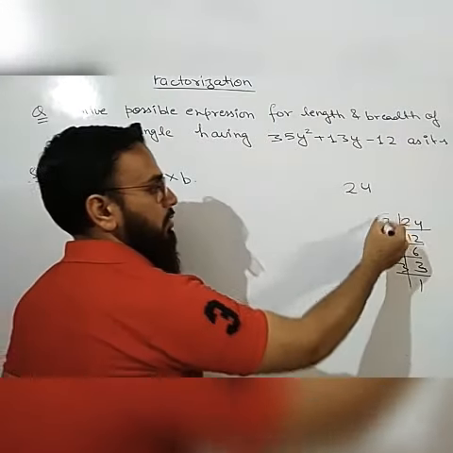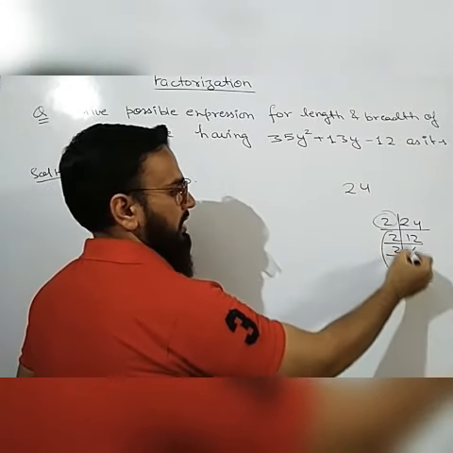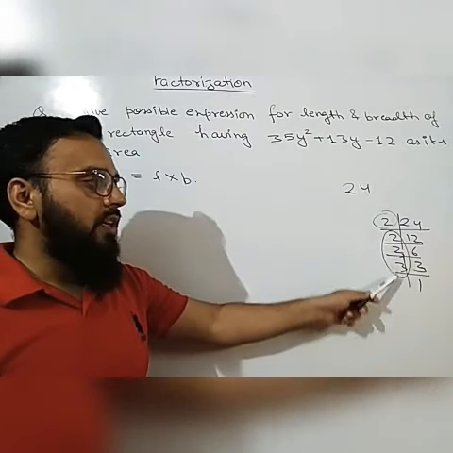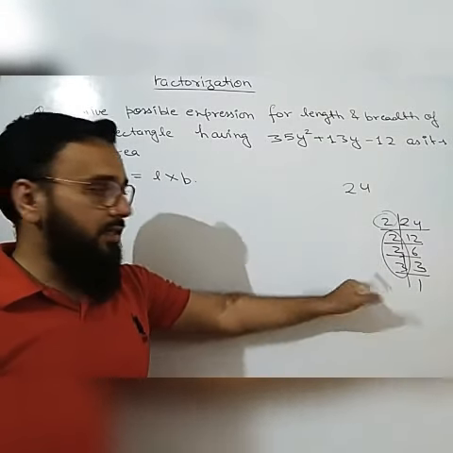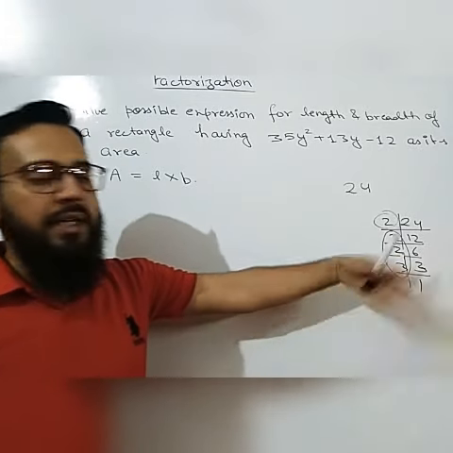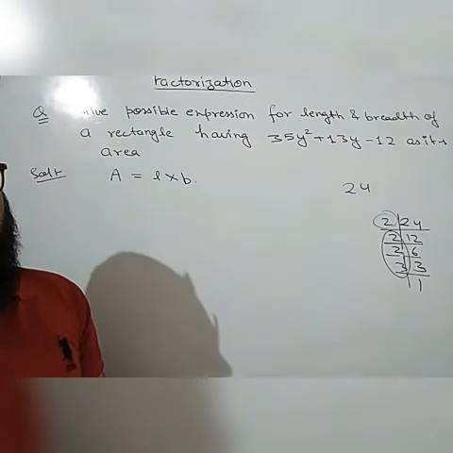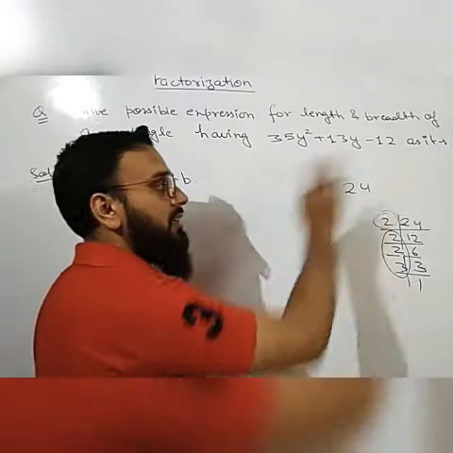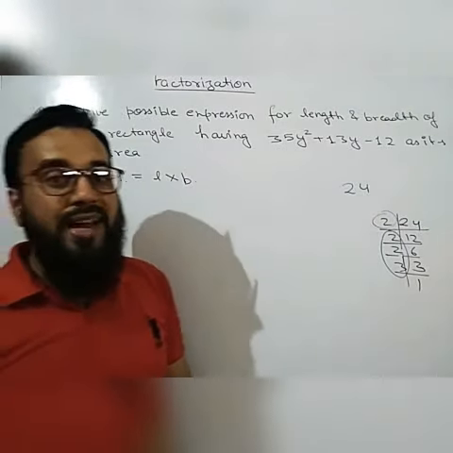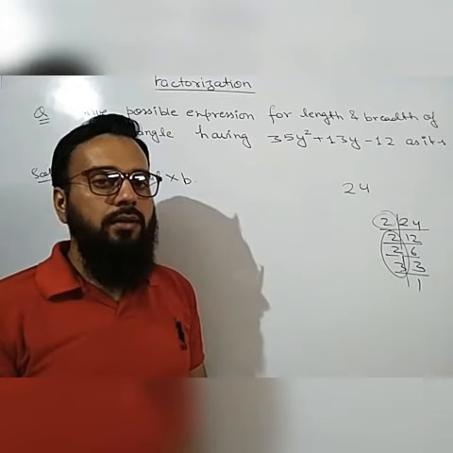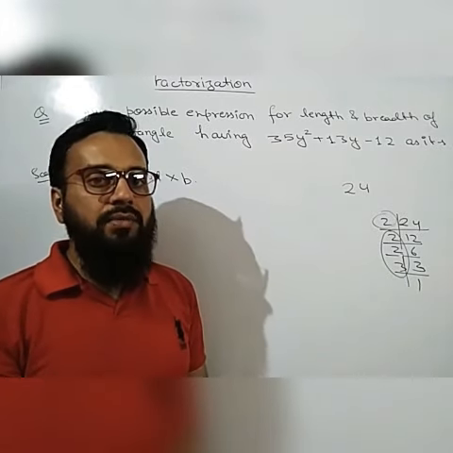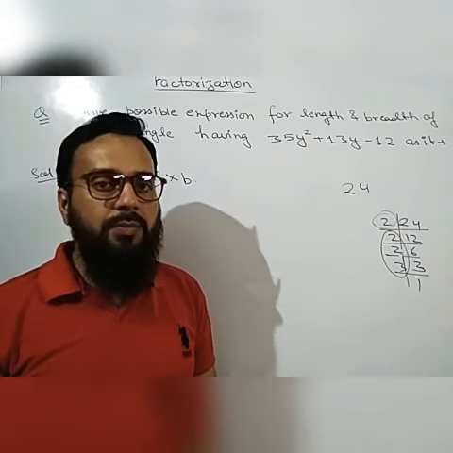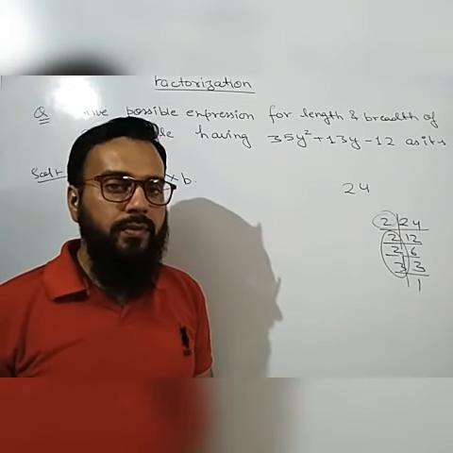The length may be 2 and this whole term can be width, or the length can be 4, width can be 6, or the length can be 8, width can be 3. It means whatever area is given, all the combinations of the factors of that area will give us the length and width of that particular rectangle.